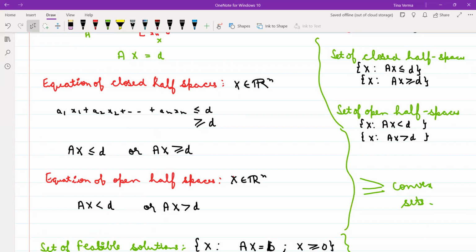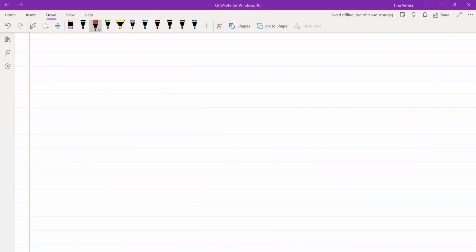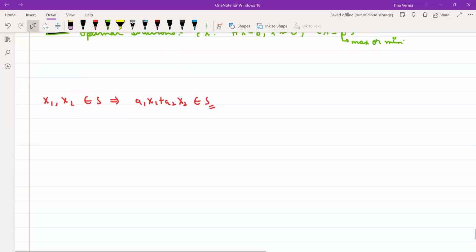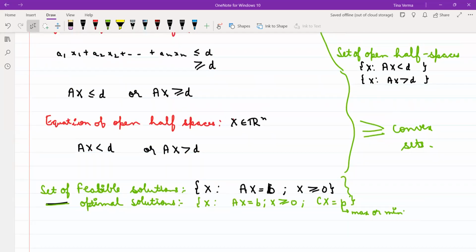You apply the mathematical definition: you take 2 points x1 and x2 belonging to S, and take their convex linear combination. If the CLC also belongs to S, then you will say that the set is a convex set. The same you can do for all. I will do one case and show you; tell me which case to do.